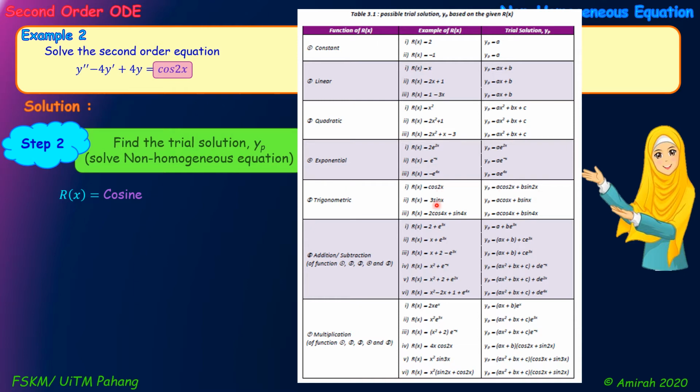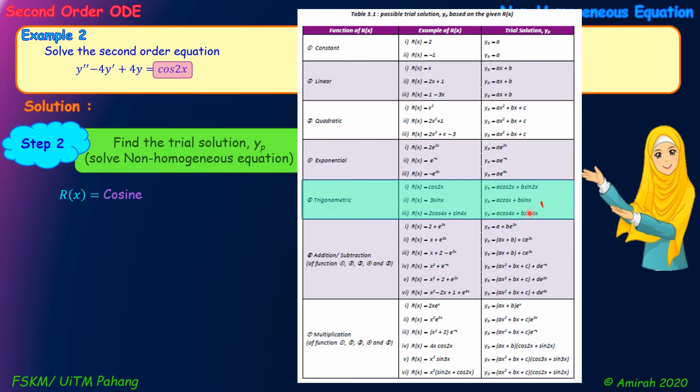If the right hand side is in terms of sine only, we also use Yp equals A cos and B sin, with the angle from the given angle. If Rx is in terms of cos and sine, we also use cos and sine. So for cos only, for sine only, and for cos and sine, we use cos and sine.